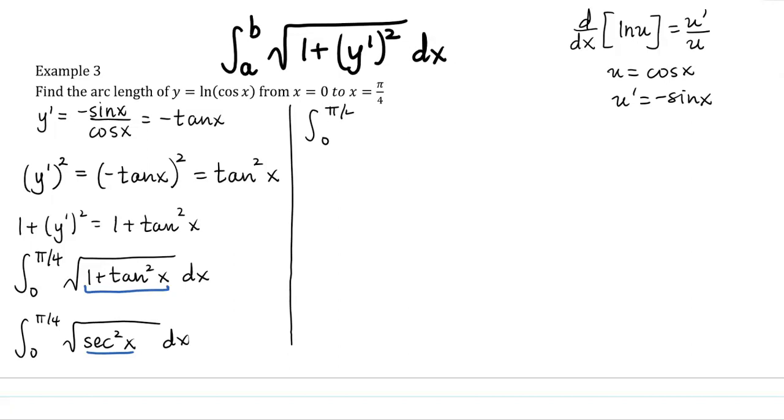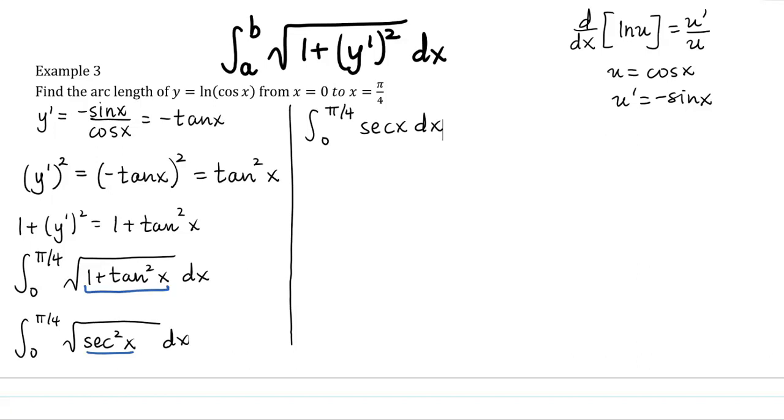The square root of secant squared is simply secant. So we have the integral of secant here, and we had an integral rule for that.